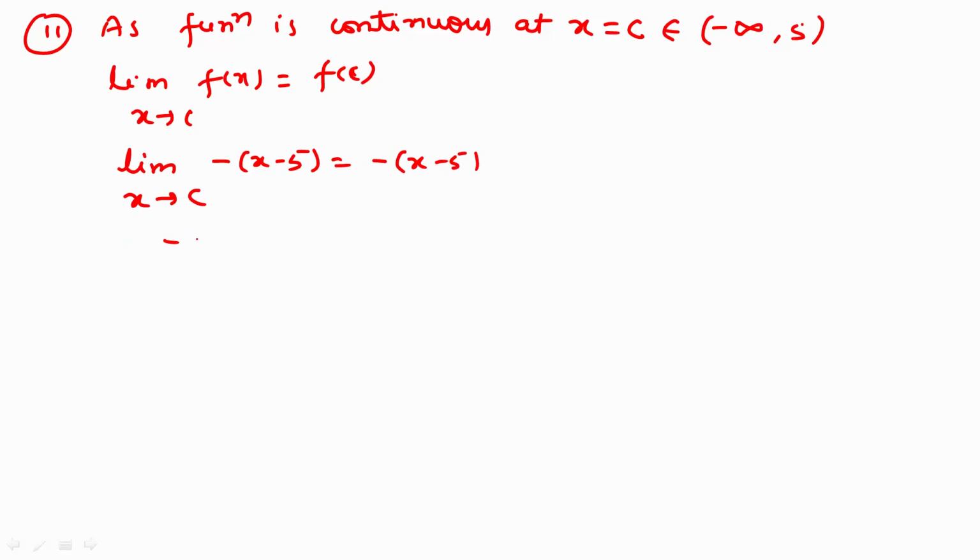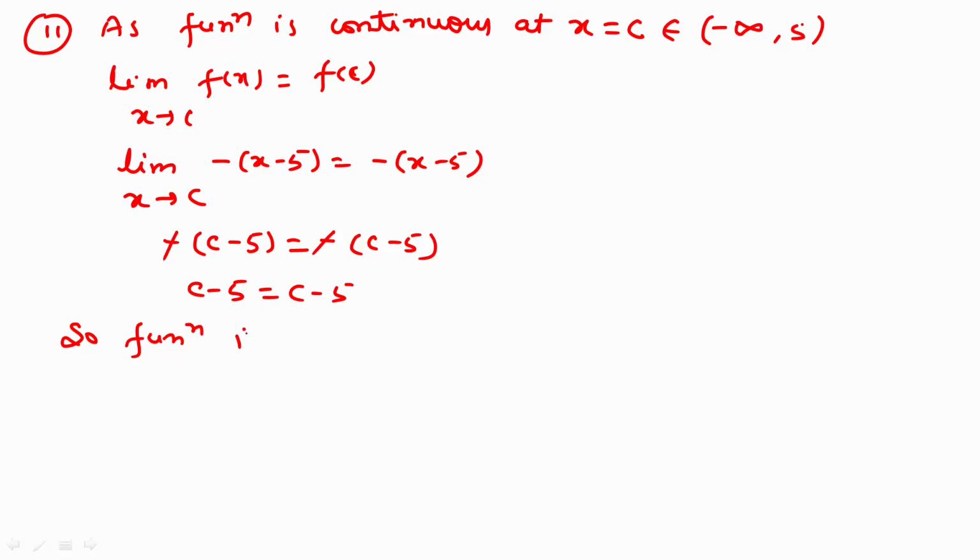On taking the limit, minus (c minus 5) is equal to minus (c minus 5). On solving, minus and minus cancel out, c minus 5 is equal to c minus 5. So the function is continuous at x is equal to c belongs to the open interval minus infinity to 5.